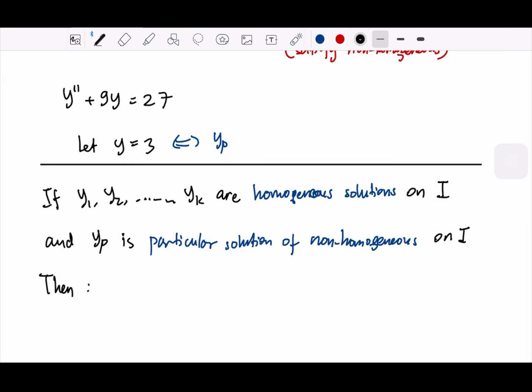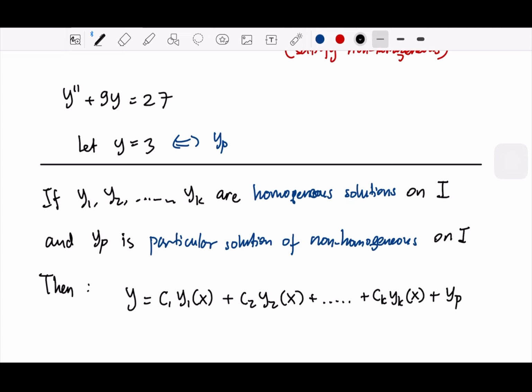then we can combine those two. So y equal c1 y1 of x plus c2 y2 of x plus until k, and then plus the last part, the particular solution yp.